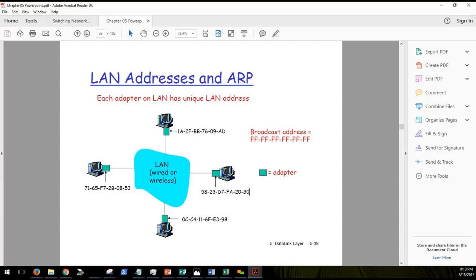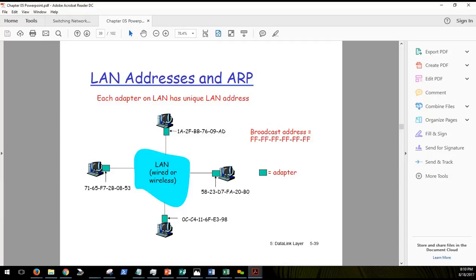What is another name for the adapter? It's like an Ethernet slot. The other name for the adapter is NIC, Network Interface Card, right? What does NIC stand for?